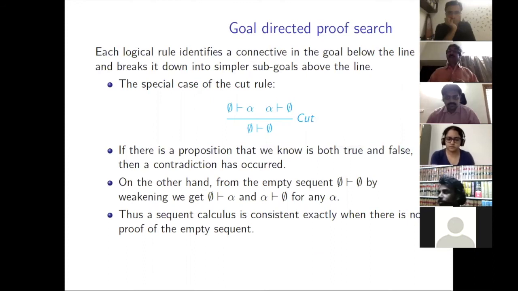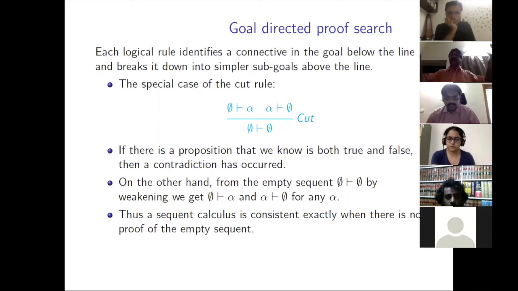In the case of the Hilbert system, we talked about a set of formulas being consistent if you cannot derive a contradiction from that set of formulas in the Hilbert system. But how do I prove that a Hilbert system itself is consistent? Only by semantic arguments, right? By showing soundness.